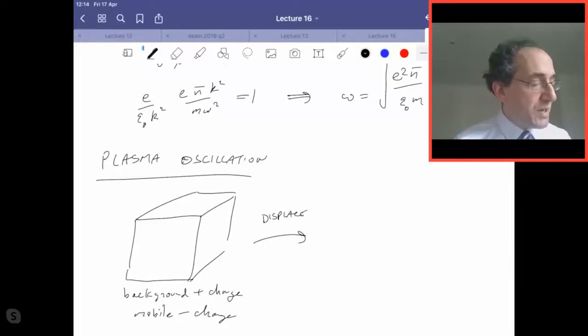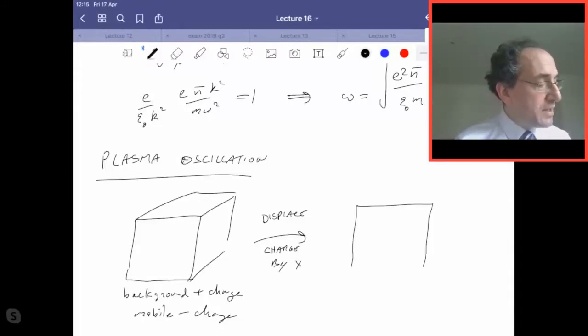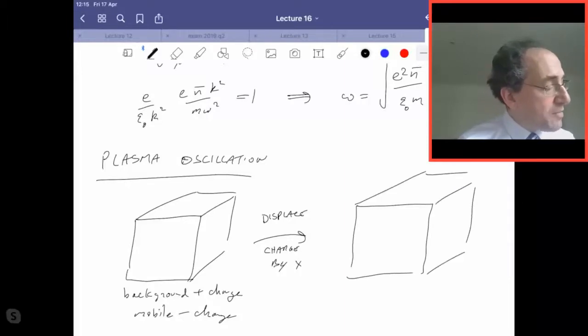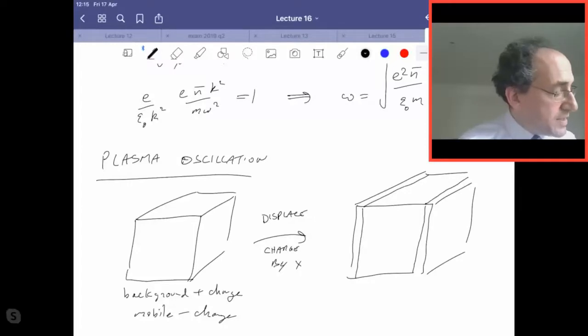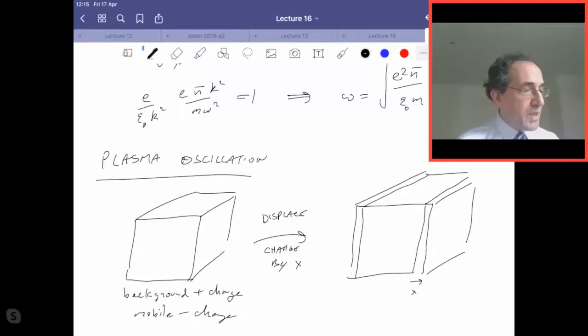Imagine the charge displaced by some distance x in the x direction, and then what does it look like? Well, it looks like the following. You have your chunk of metal again, but x is supposed to be small. I'm going to draw it as fairly big. So this distance here is x, and we've built up the charges.